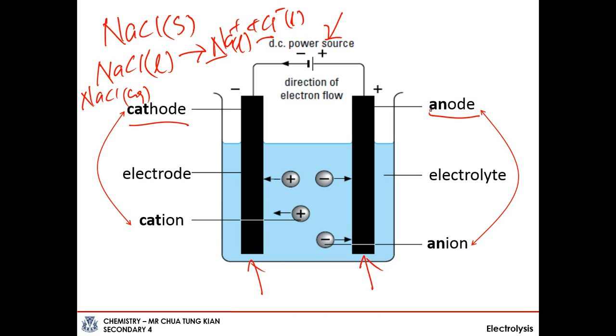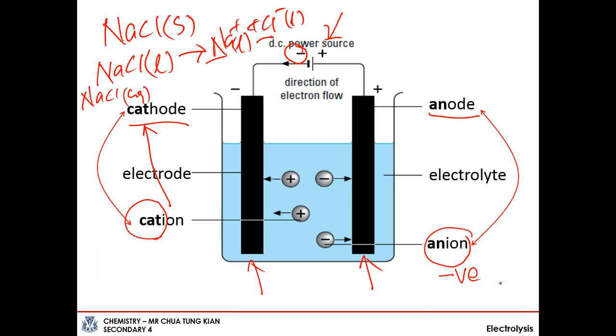So they are named this way because the cathode attracts the cations. Cations, if you recall, are positively charged ions and they are attracted to the cathode because the cathode is connected to the negative terminal of the battery or the power source in this case. The anode attracts the anion. The anion is negatively charged.